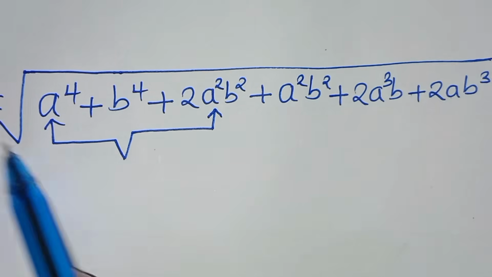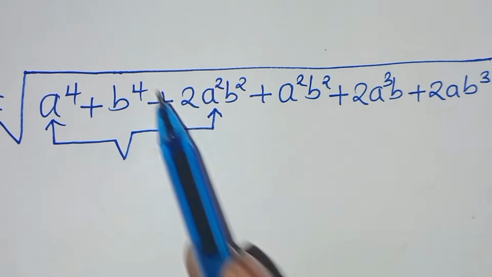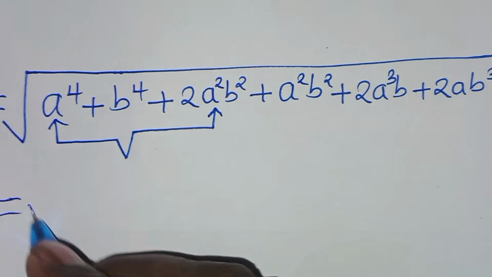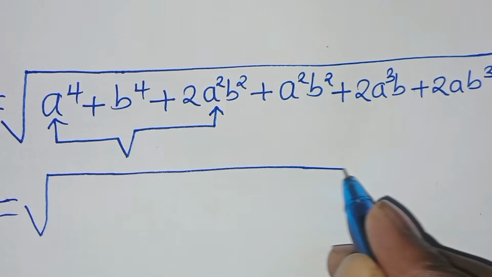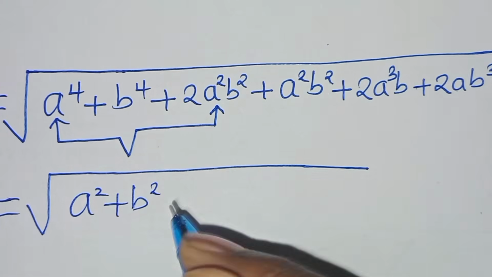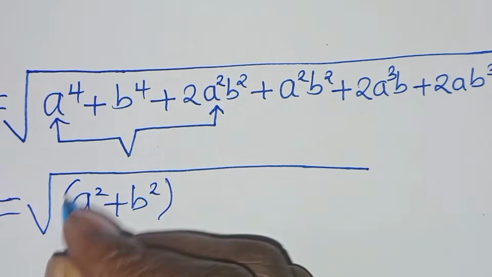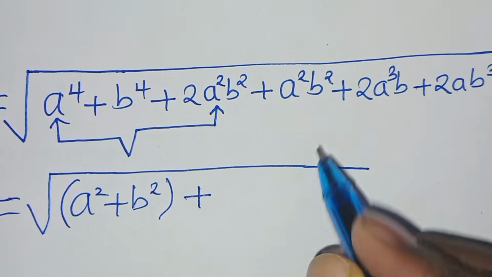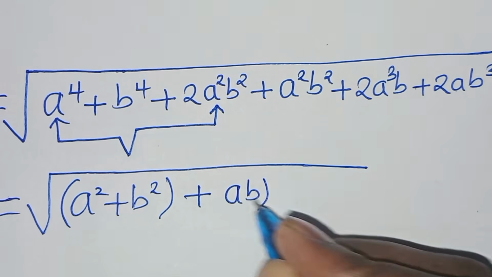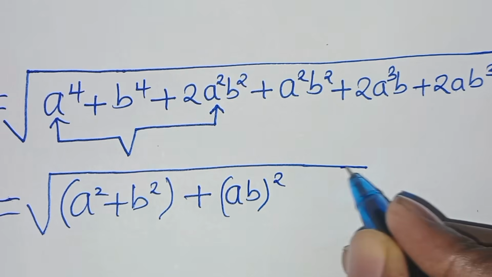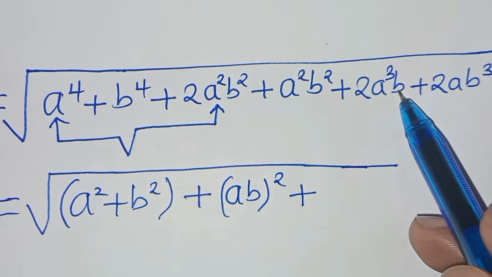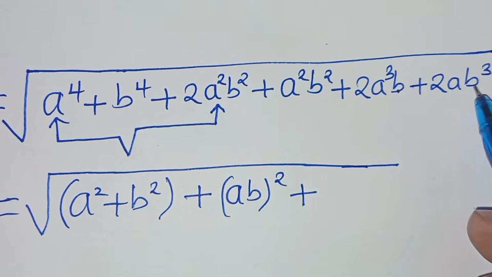We can express this part a to power 4 plus b to power 4 plus 2a squared b squared as a squared plus b squared, close the bracket here, then plus, this is a squared b squared, which we can write as (ab) squared, then plus 2a to power 3 multiplied by b plus 2a multiplied by b to power 3.